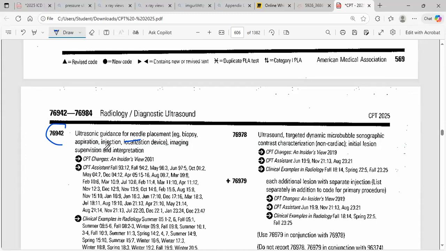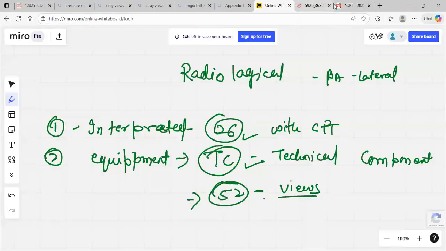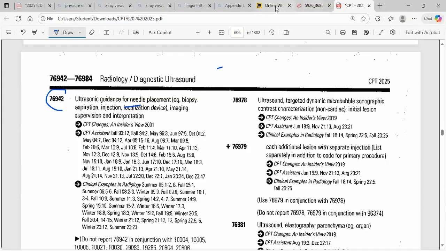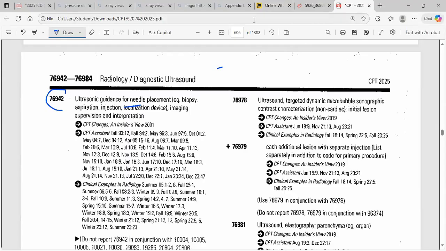So based on the medical record, you have to see the most appropriate guidance code which has been performed intraoperatively during the procedure. First you have to build the procedure, and while building it, you have to make sure that this guidance is not included in the procedure. So let's say the doctor did an arthrocentesis on the knee, and we check the code for arthrocentesis.